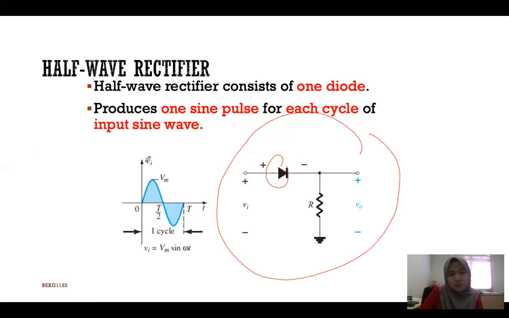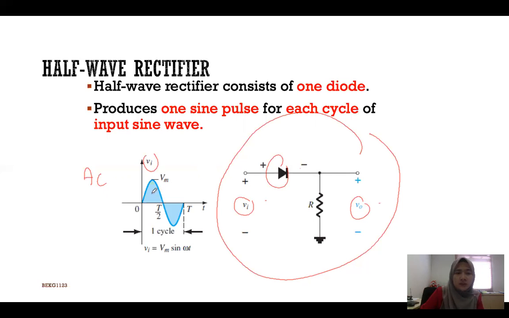So this is your input. Remember, the input is AC. You want to convert it to DC. This is the input, AC signal, V in. And the output here is the V naught.